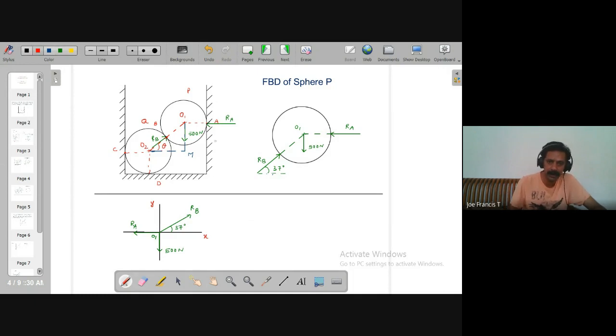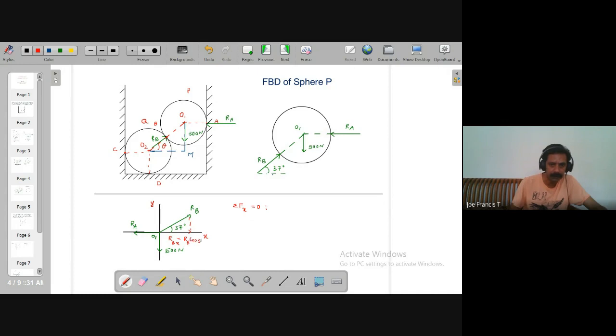So the first equation of equilibrium is sigma Fx equal to 0. I will write that equation. So here you have to resolve RB into x and y direction. If I draw a perpendicular down, you have one component here, which is RBX, which is nothing but RB cos 37.